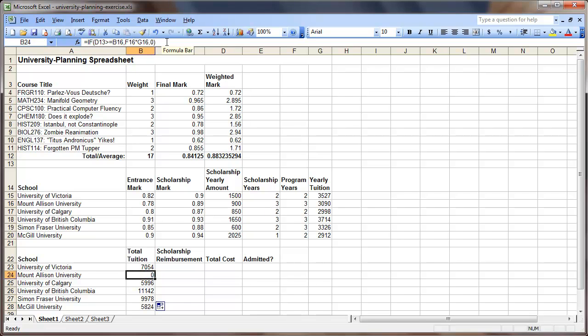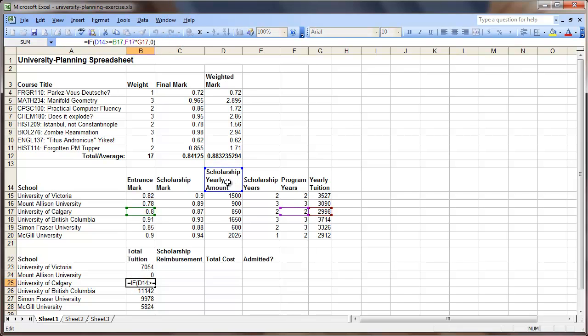I'll click on the formula, or double-click on it, whichever you prefer, and that will highlight the cells. And notice what it's doing. It's comparing D13, is that greater than or equal to B16? Well, D13 is this blank cell underneath my weighted average. When I did the autofill, it adjusted all of the rows down by 1 for Mount Allison, down by 2 for University of Calgary. We can check by that.